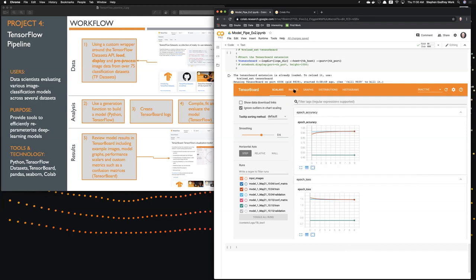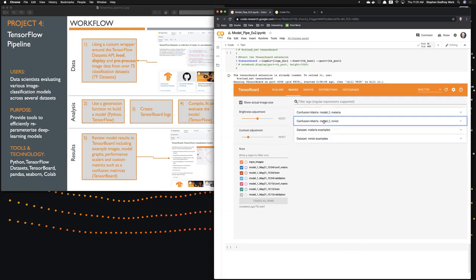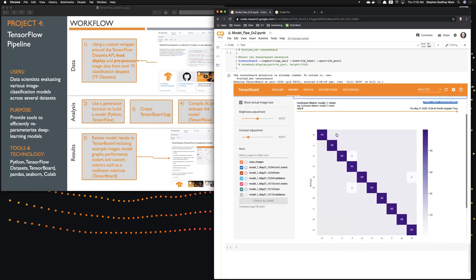One of the other things you can do is you can dump images at each epoch at whatever kind of metric you're looking at. So this is kind of cool because in this case, you can scroll through the confusion matrix at each epoch, and you can see how it's changing after each training run.